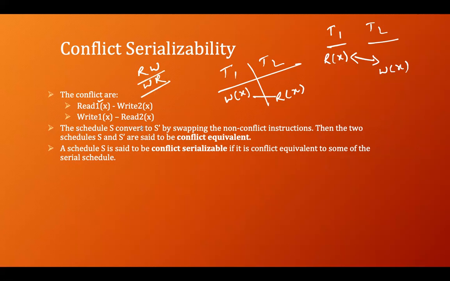Now, if the schedule S is converted to S dash by swapping the non-conflict instructions, then the two schedules S and S dash are said to be conflict equivalent.